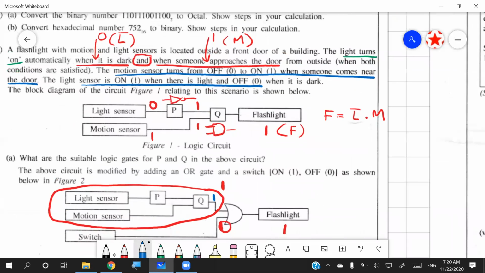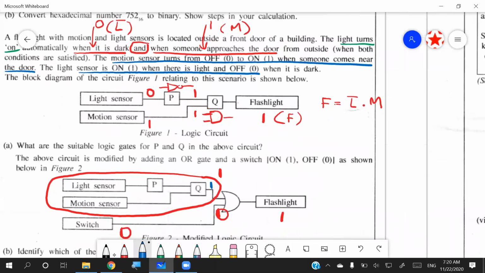Now from the previous circuit, giving a 1 here, it will go to the flashlight and it will light up. So when you are having 1 over here, in this circuit, the flashlight is still on.